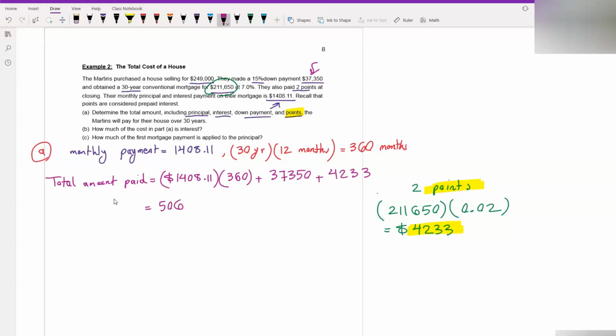First multiply, here is the answer. Then add these. I added all these and the answer is $548,502.60.